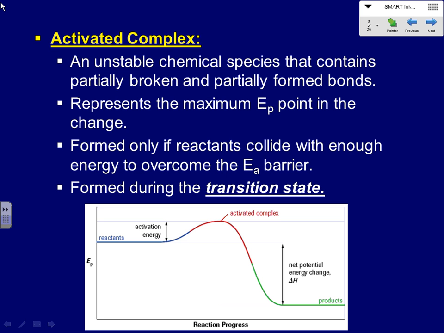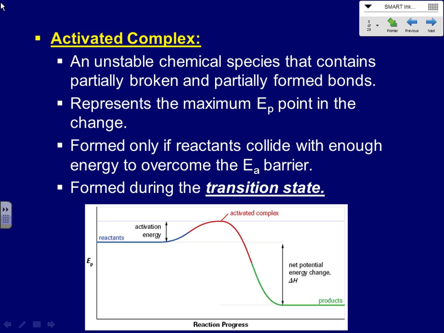And this is what this whole lesson is about. This whole lesson is about this transition state between reactants and products. And this thing, this not reactants and not products thing that exists between them actually has a name. We call it the activated complex.